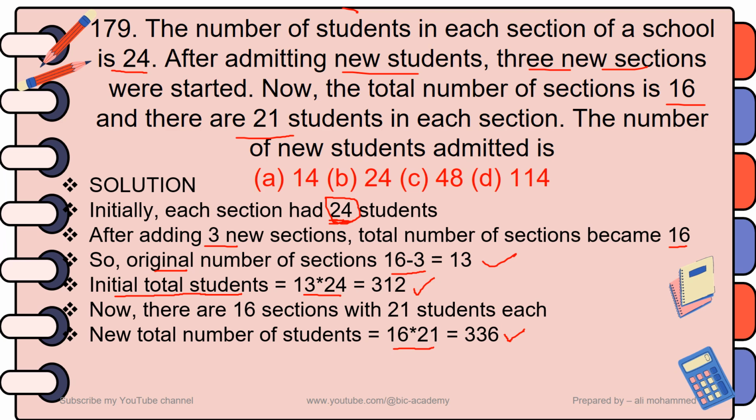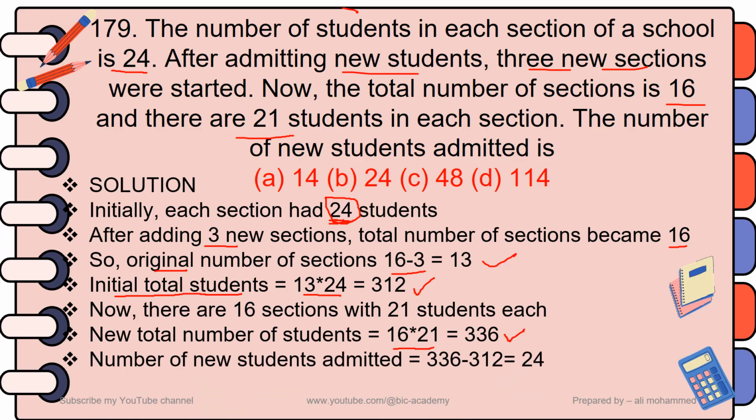Now we have the total number of students after admitting new students, and again there is the initial number of students before admitting the new students. Now you can find the difference, and the difference is the number of new students admitted to the school.